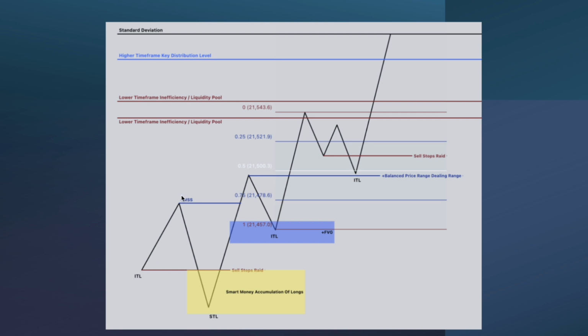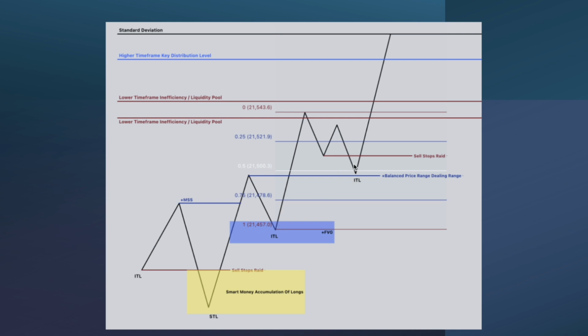So this would be an intermediate term high. But if the market goes above it, what happens? We have successfully shifted from a sell program into a buy program. So with this market structure shift, you now understand why this swing high is important and why we look at impulse price swings. This is the most important one that you can understand.